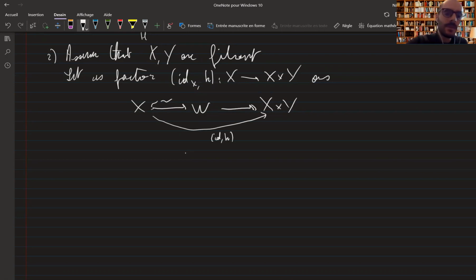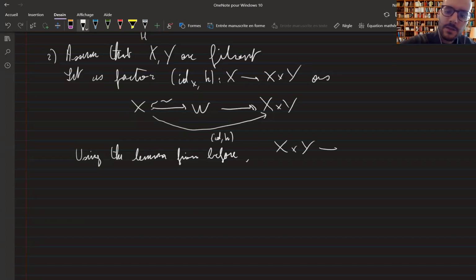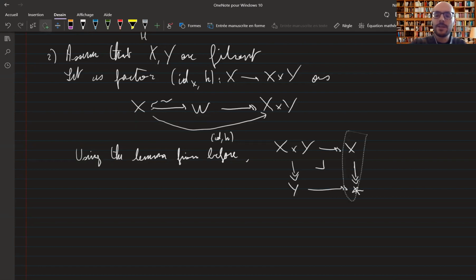And using the lemma from before, both projections to X and Y are fibrations. Because you have this pullback square, X is fibrant, and fibrations are closed under pullbacks.